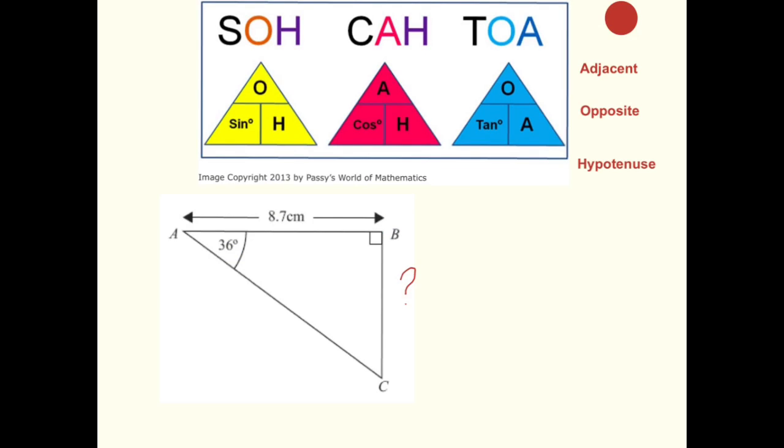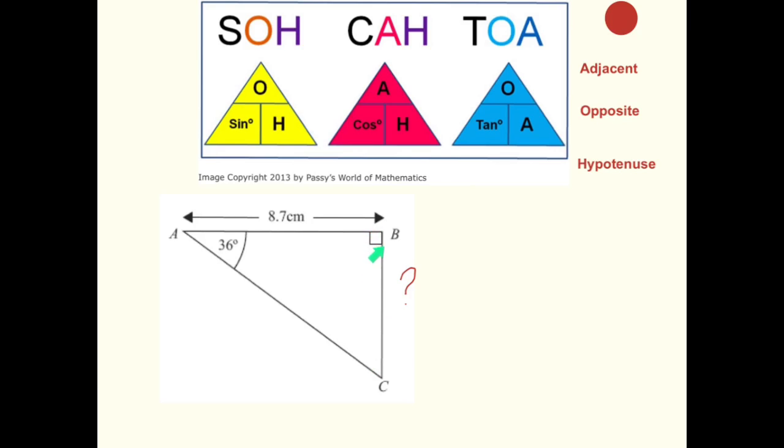Right, okay, let's start applying some trigonometry rules to work out missing sides of triangles to start off with. Okay, so first thing I need to do is I need to look at this triangle, and I need to look to see what I've got, what I've been given, which is this length here, and what I've been asked to find, which is this length here.